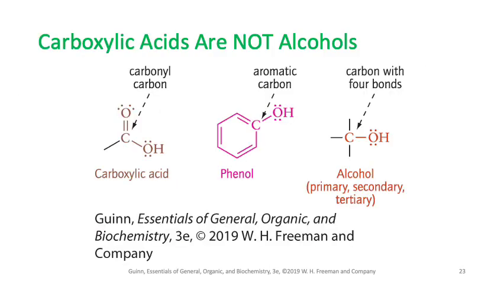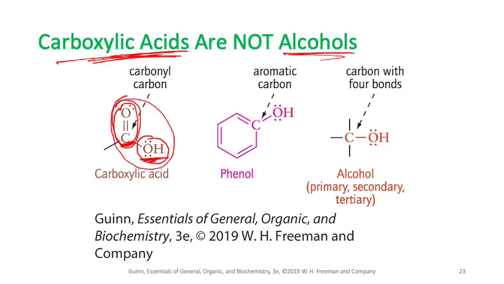Now let's see how you can differentiate between alcohol and carboxylic acid. In a carboxylic acid, you have a carbon with a carbonyl group attached to an oxygen, that is, a hydroxyl group, the OH group. This entire thing is your carboxylic acid.